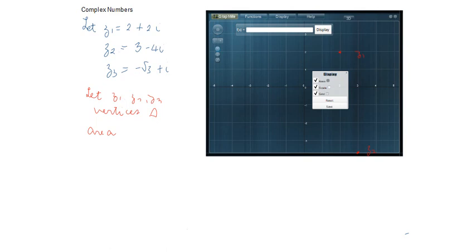Wait, I can't see that one. Let me erase this. How do I remove this? It doesn't disappear. Okay, wait, I need to work on this one.